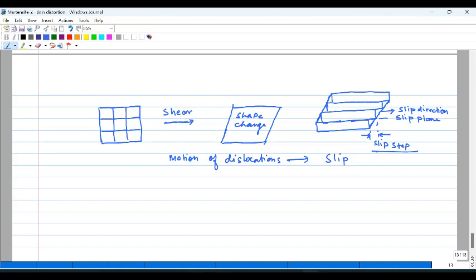Right, so in metals, this plastic deformation occurs in this manner. Okay, but this does not lead to any change in the crystal structure. This only changes the shape. Okay, but here in case of Martensite transformation, we are talking about a shape deformation which leads to a change in the crystal structure. That's the difference here.